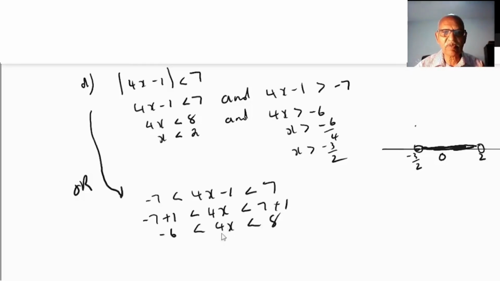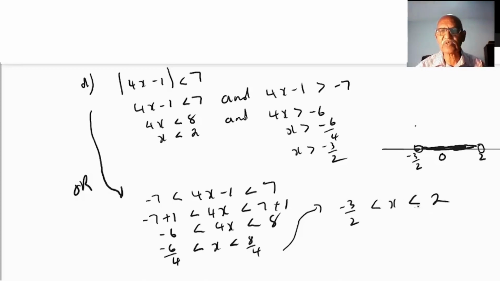I divide all by 4. So this will be negative 6 over 4 less than x less than 8 over 4. Which means negative 3 over 2 less than x less than 2, which is the same answer as this one.